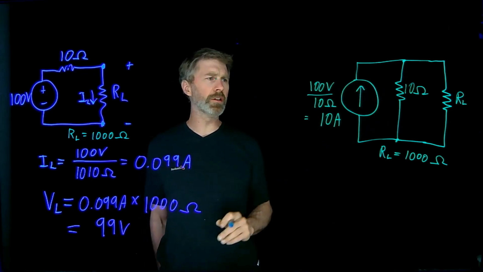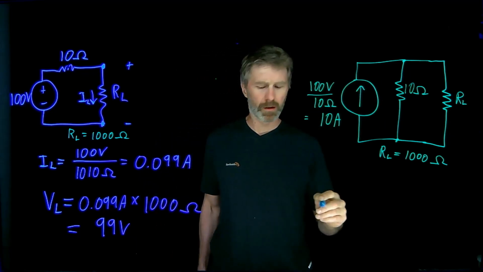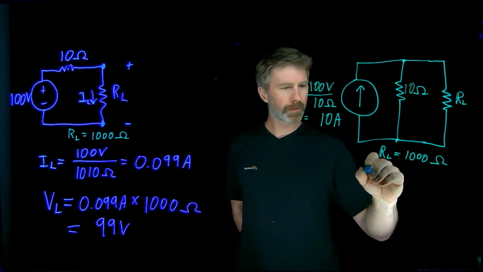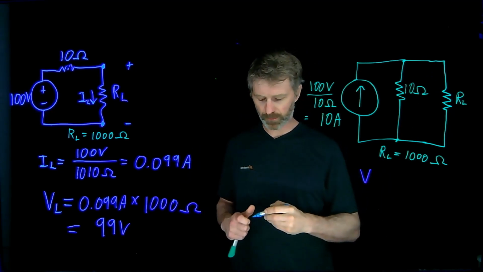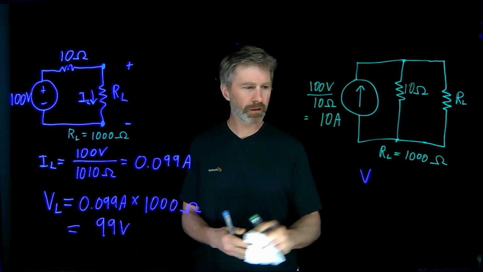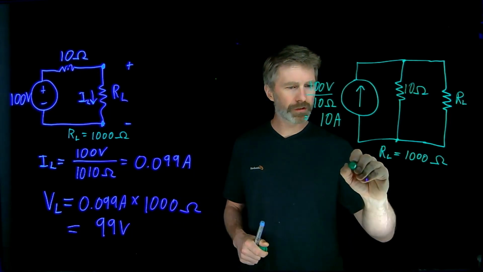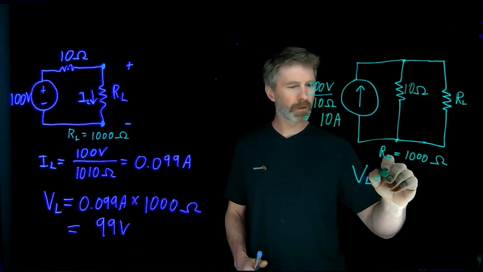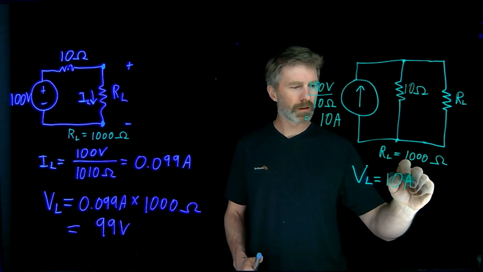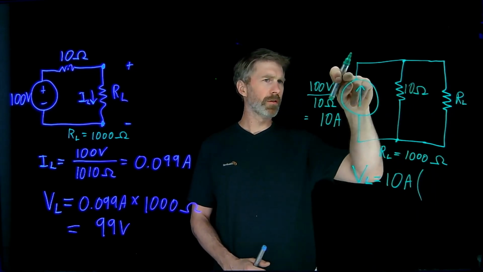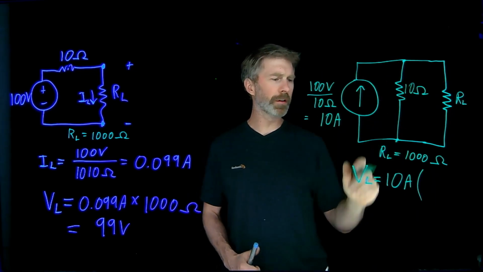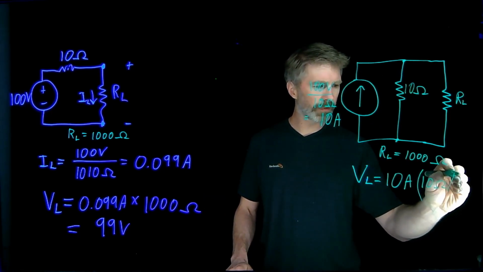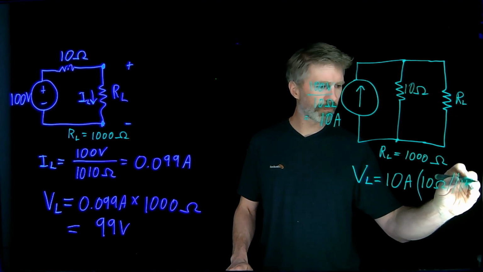Now with this equivalent current source circuit, the load is again 1000 ohms. The voltage, let me do that in green so I can match the color over here, the voltage across the load will be 10 amps times the parallel equivalent of those two resistors, so 10 ohms in parallel with 1 kilo ohm.